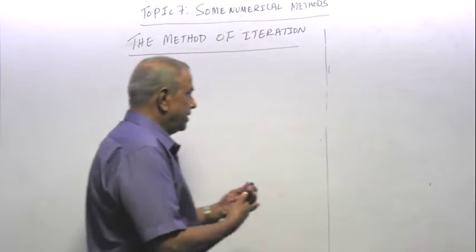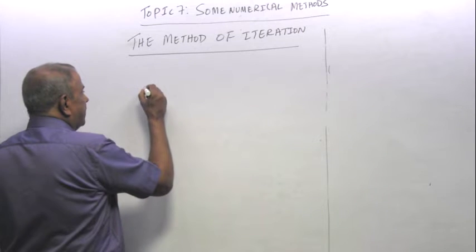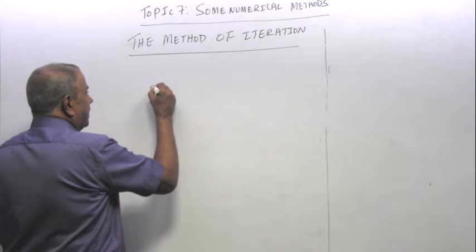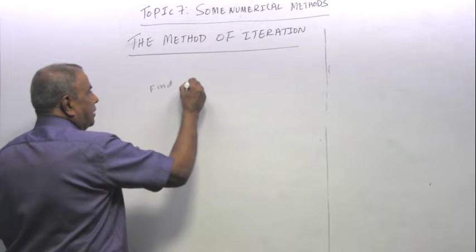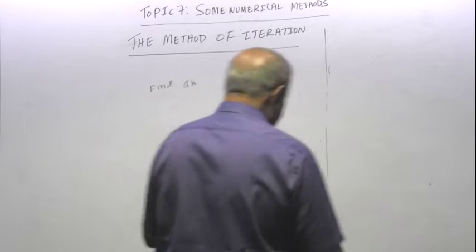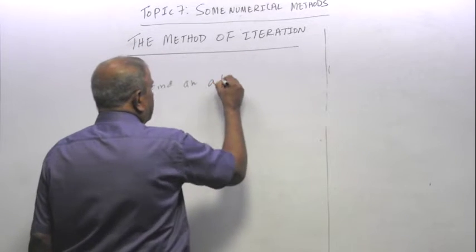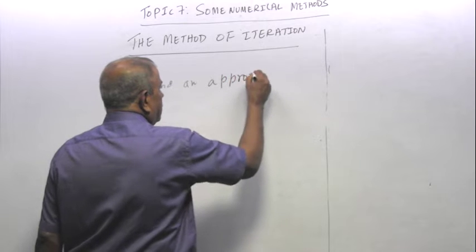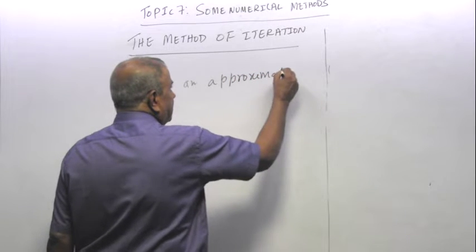For example, say you want to find an approximation to the square root of 20.